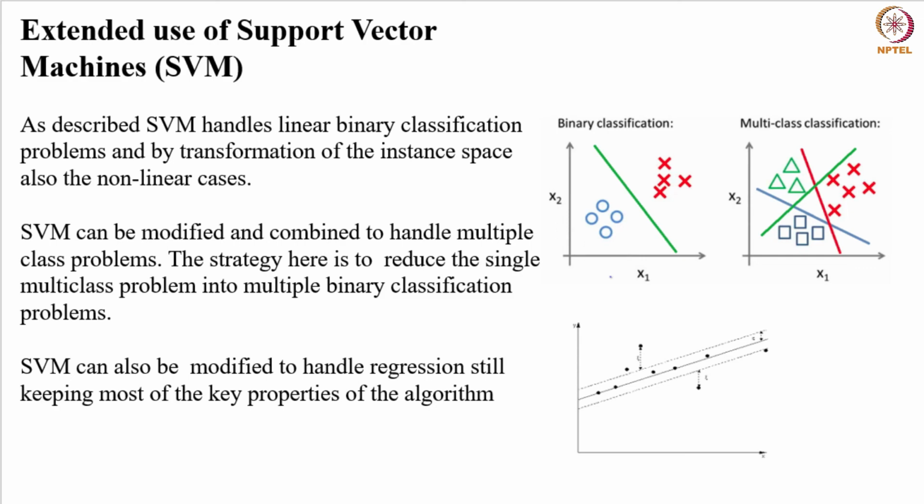The strategy here is to reduce the single multi-class problem into multiple binary classification problems, because for each of those we can then apply the SVM technique. It's also possible, though maybe not as straightforward, to modify the algorithm so it can handle regression, keeping most of the key properties of the algorithm.